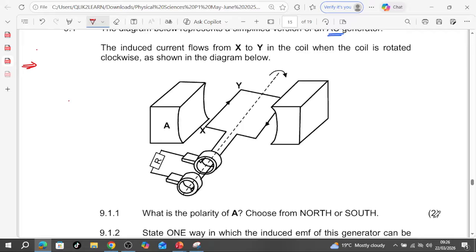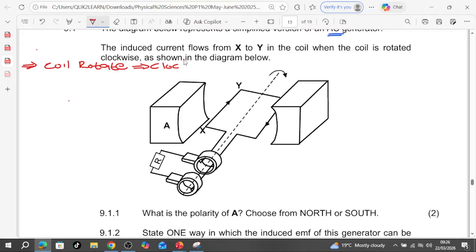So when we talk about the polarity, first let's use the given information. They said that the coil rotates clockwise.